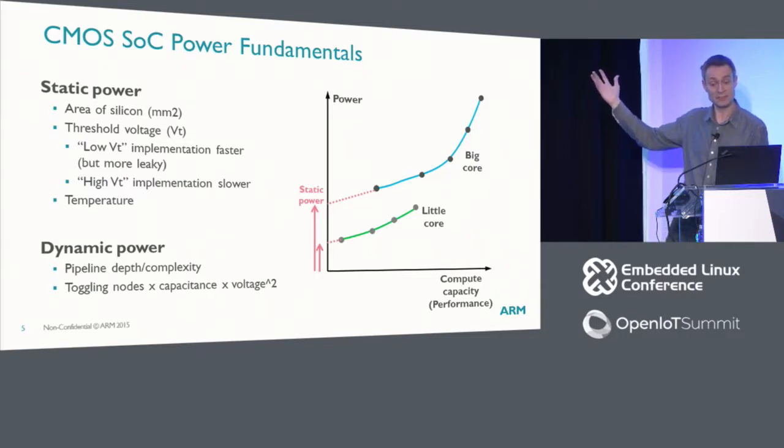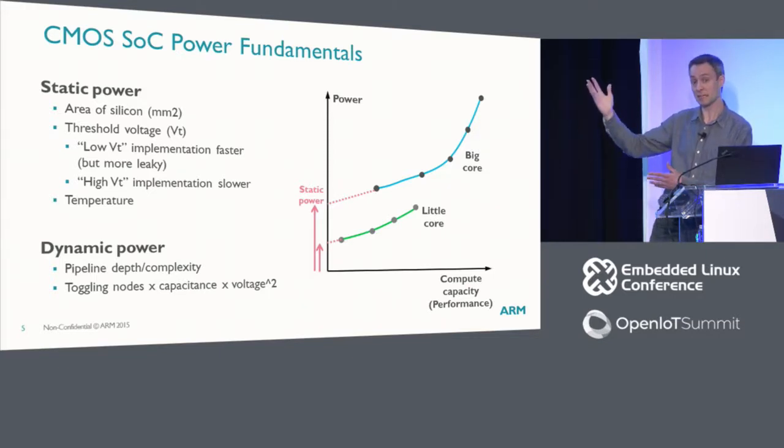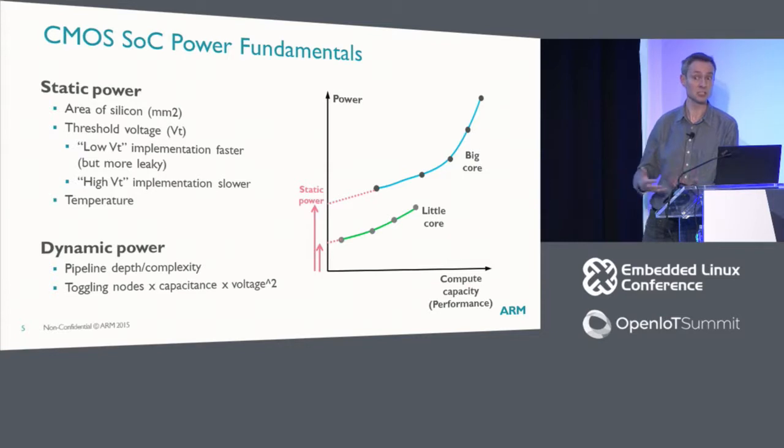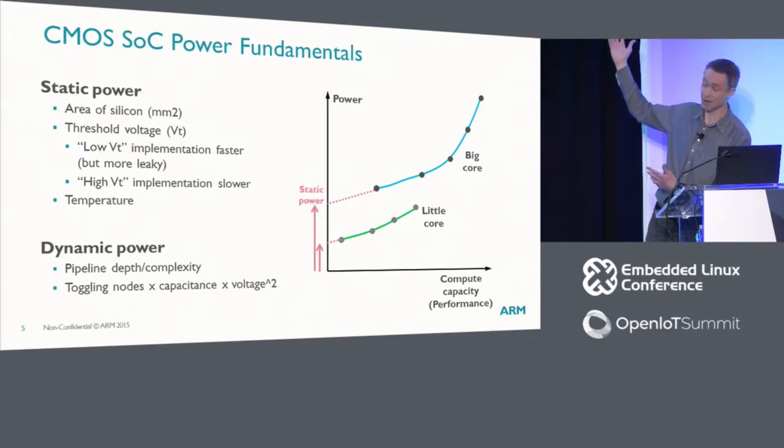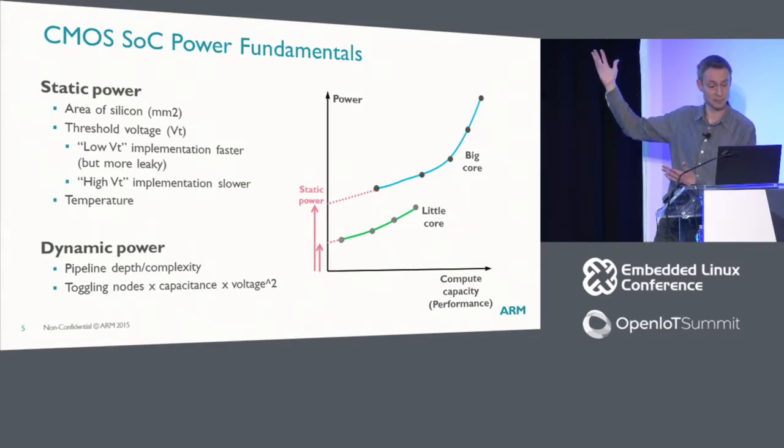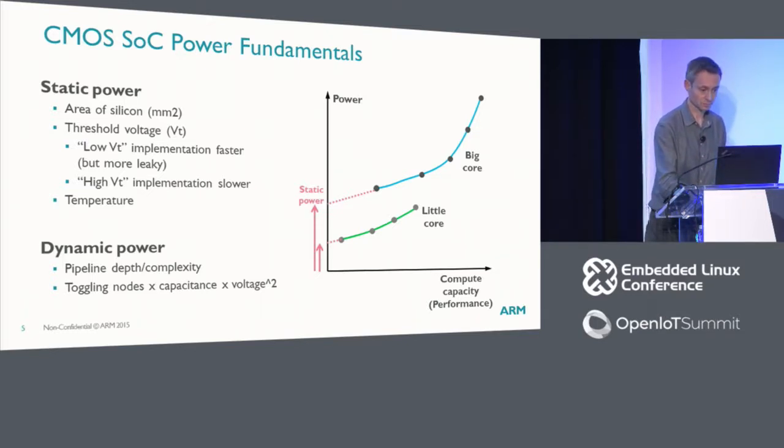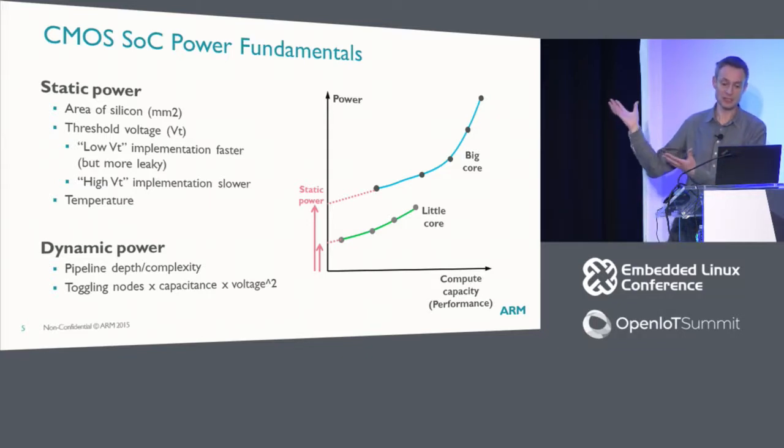With performance, of course, you can increase the megahertz. The power is going to be proportional to the megahertz, but because you've got dynamic voltage scaling as well, when you run at higher performance points, the voltage is going to be higher. So basically what we want to do is optimize the power consumption of this scenario.